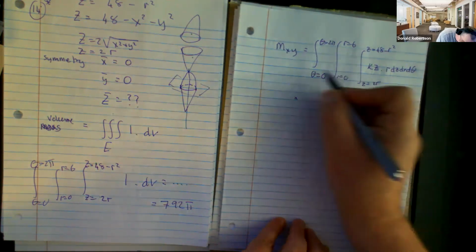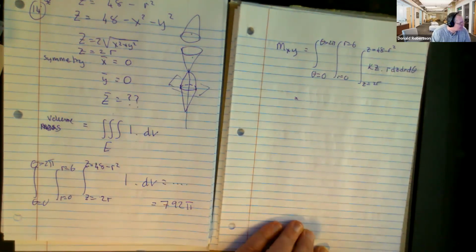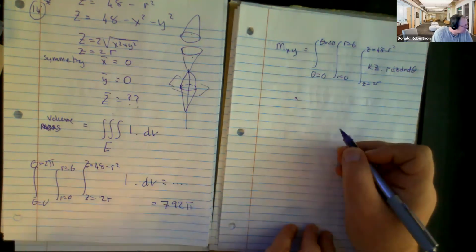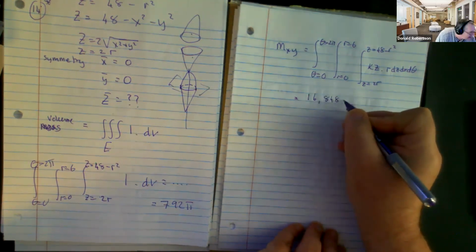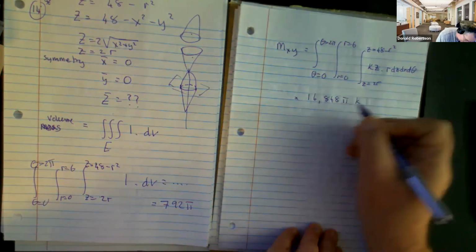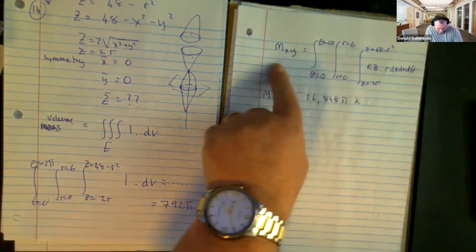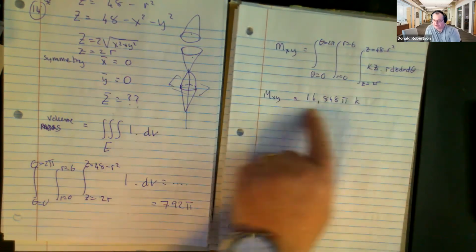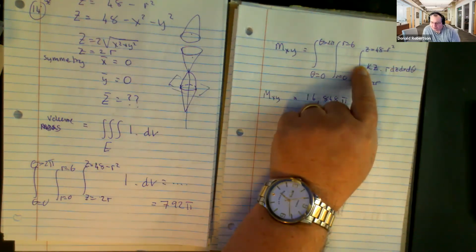If you do all of that, which will certainly take a heck of a long time, you will get, let's just write down what they said you would get. Thank goodness. 16,848 pi k. You just trust that when you do that integral, that's the answer you get, right? This is not a hard one to do. Wouldn't it just be a really long one to do?